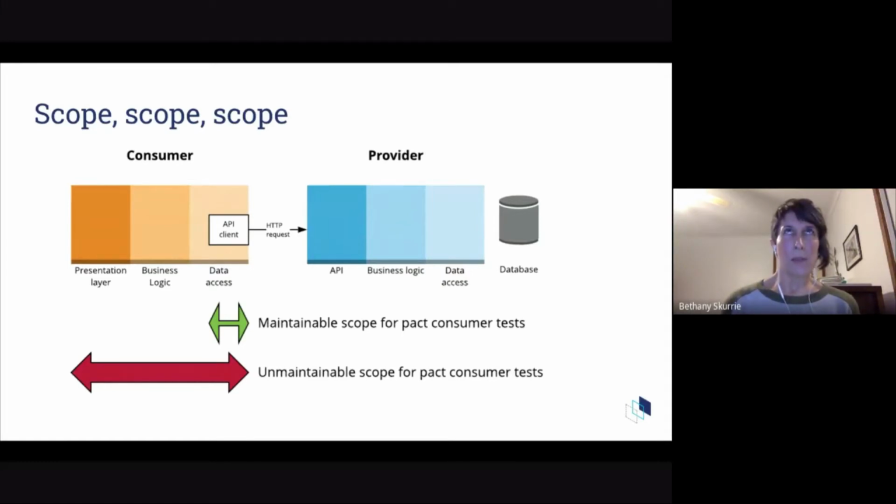When Pact was first written, on the very first project that it was written for, it was used to test all the different layers of that application. It was a consumer, and it tested from the UI.